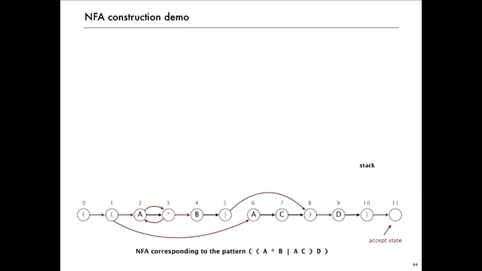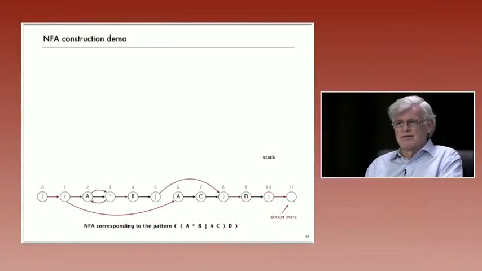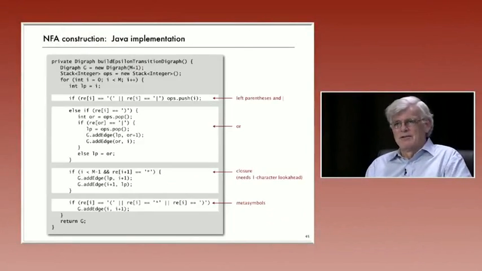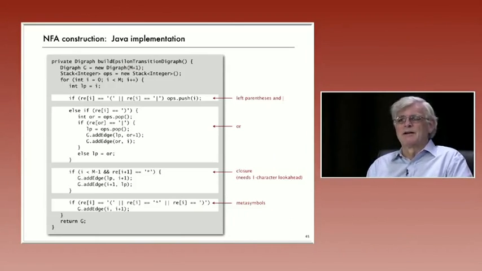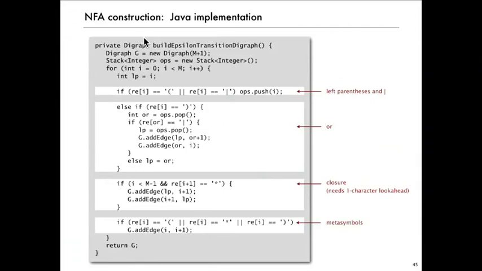So it's actually a remarkably simple process that we figured out what to do for each character in the regular expression. And this is the second part of the regular expression pattern matching algorithm, which is constructing the NFA. And again, it's remarkably little code. So it's a routine that builds the epsilon transitions.